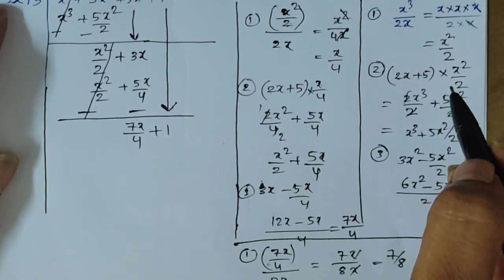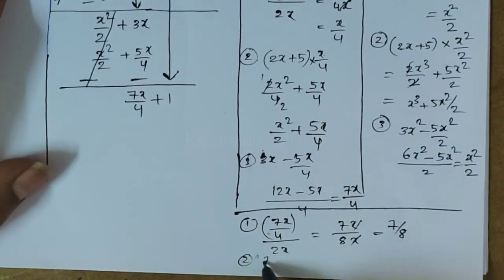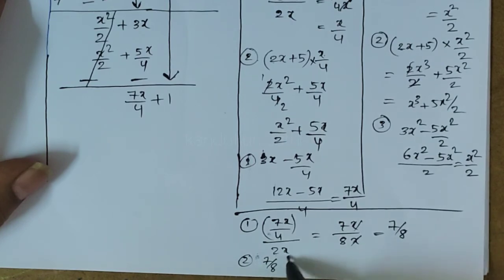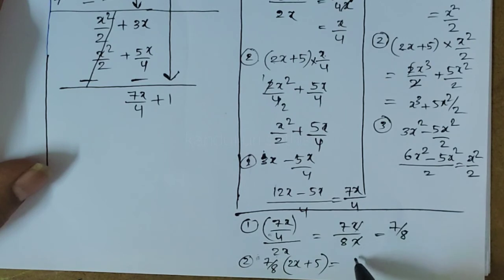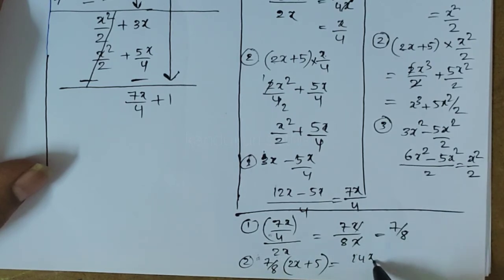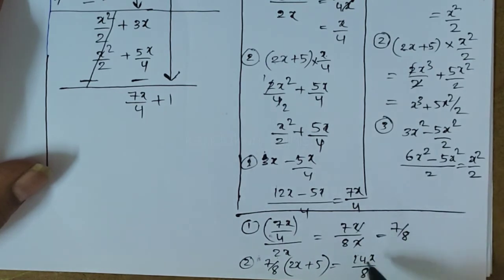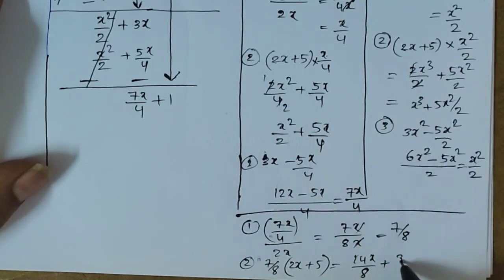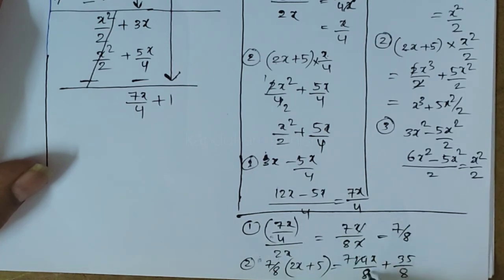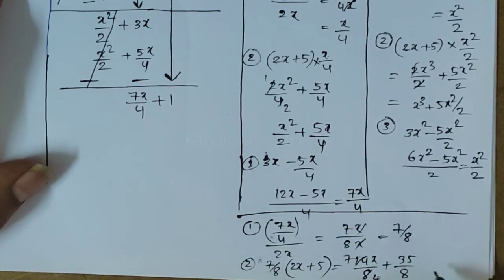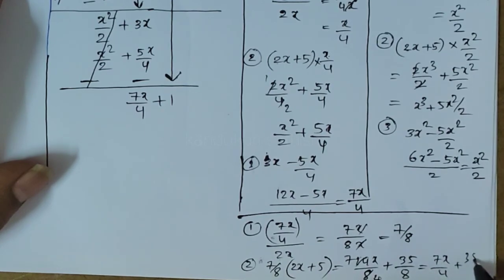Now with this 7 by 8 you need to multiply the divisor, 2x plus 5. So 14x by 8 plus 35 by 8. 2 sevens are 14, 2 fours are 8, so you got 7x by 4 plus 35 by 8.